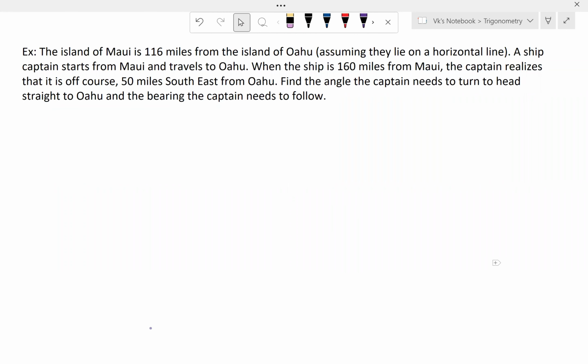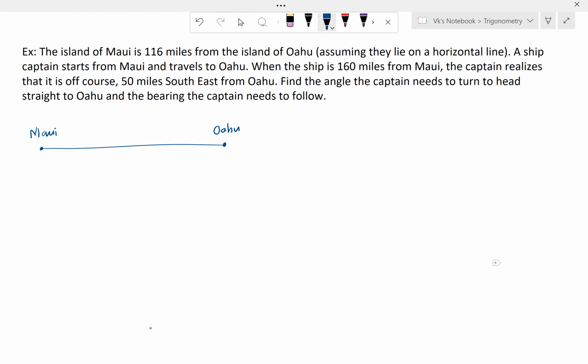We have to do two things here: the turning angle and the bearing. First thing is, let's sketch it out. Right here we have Maui. It's a big island, but not bigger than Oahu.